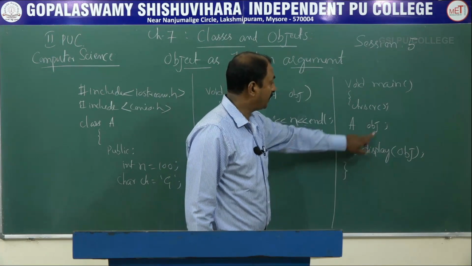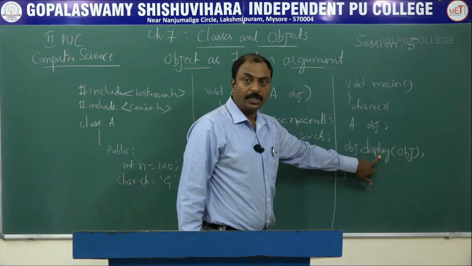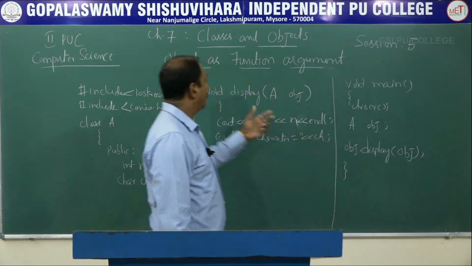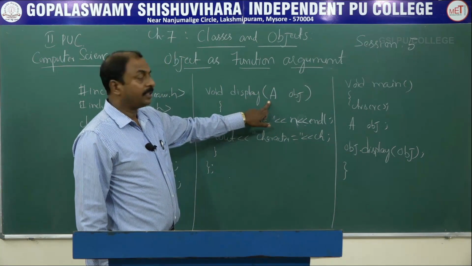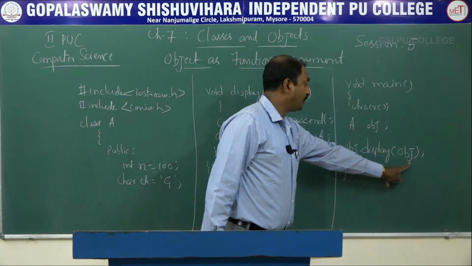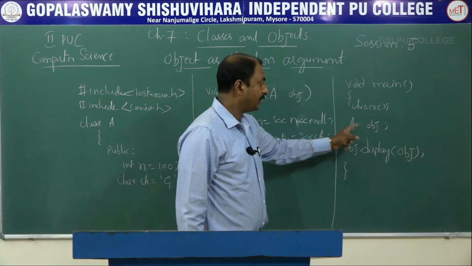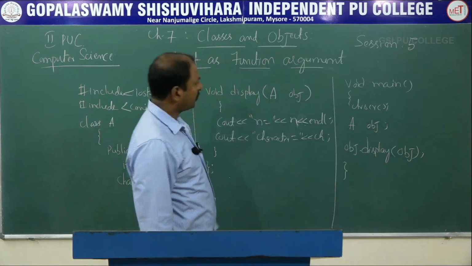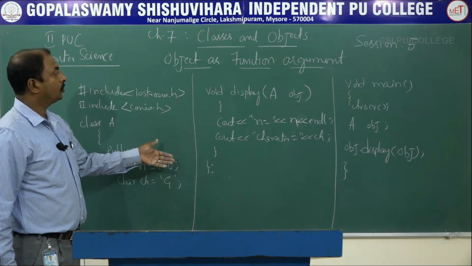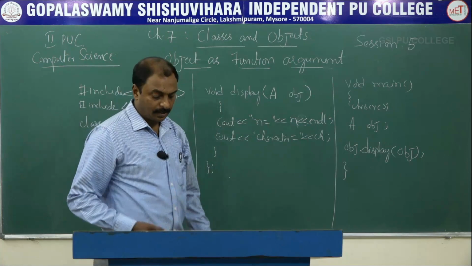Here obj is the name of the object, dot operator, and the name of the function is display. But here we have to write the object name, because the function has an object as a parameter. In this example obj is an object of class A. So this is a simple example to show how to work with object as a function argument.